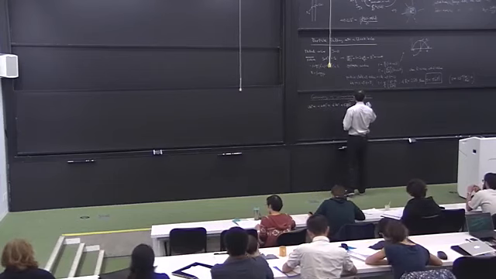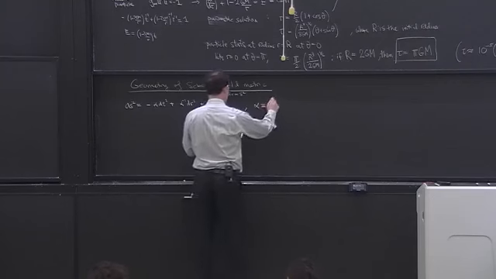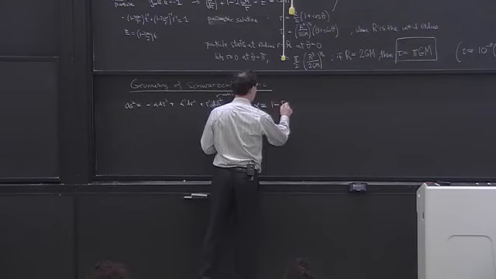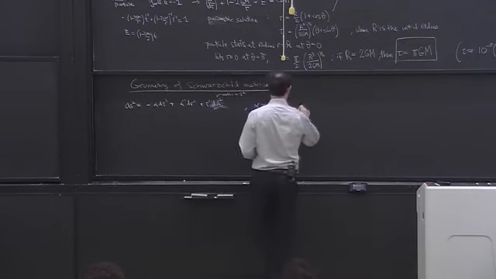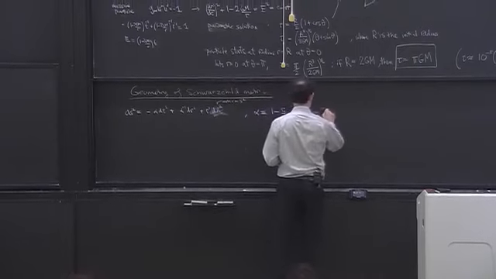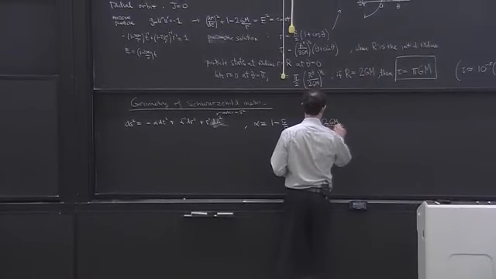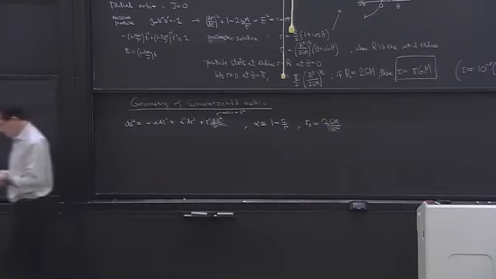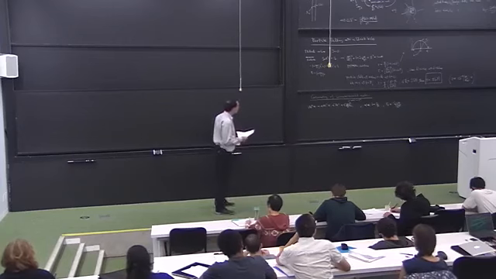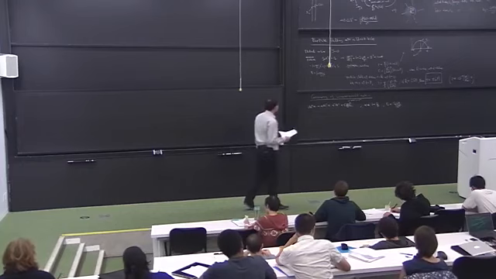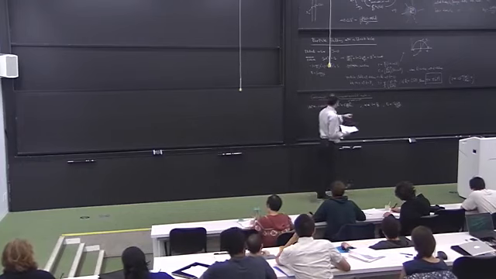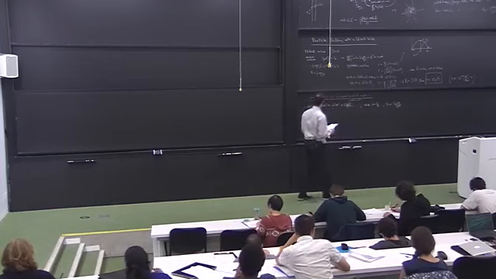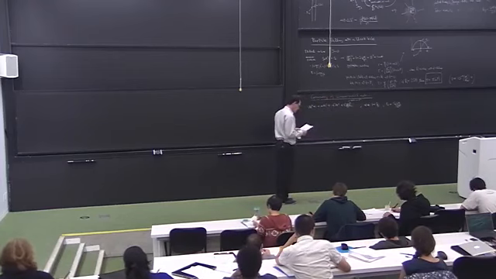And alpha is defined to be 1 minus rs over r, and rs is 2gm over c squared, the Schwarzschild radius. Okay, so that's our metric, and it involves a single parameter, which is rs, and we're going to learn about this metric.